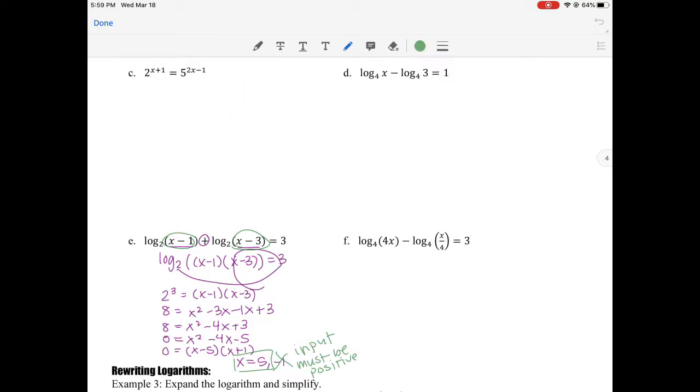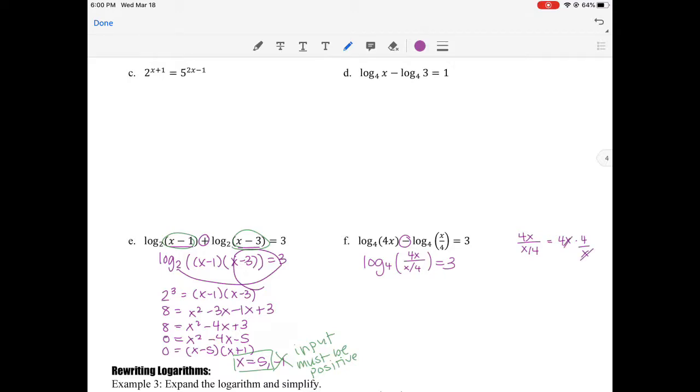Okay, let's look at the next one in a similar manner. So this time we're subtracting though, so we're going to want to go ahead and divide. We've got log base 4 of 4x divided by x divided by 4 equals 3. So think about 4x divided by x divided by 4. I'll probably just simplify that and think that's 4x multiplied by the reciprocal, so 4 over x.